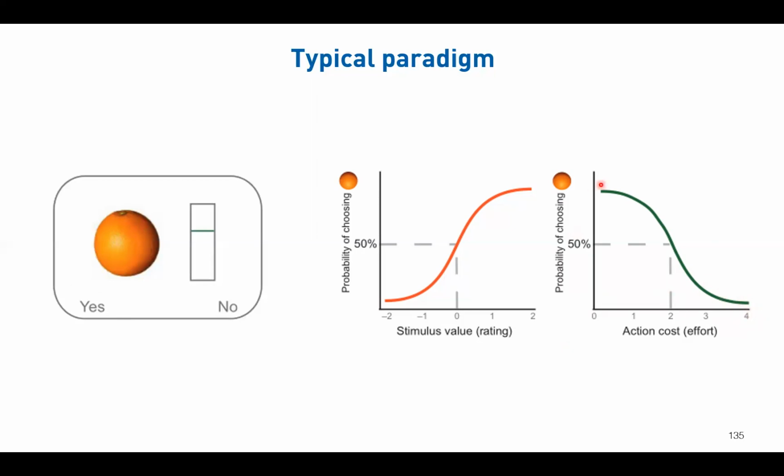But if I do not have to put in a lot of effort, then maybe I will choose it, okay? So this is a way to demonstrate how the choice probability is affected by the subjective evaluation, subjective rating, subjective value, utility, similar thing, and also as a function of the effort, how much you have to invest to get it, okay?